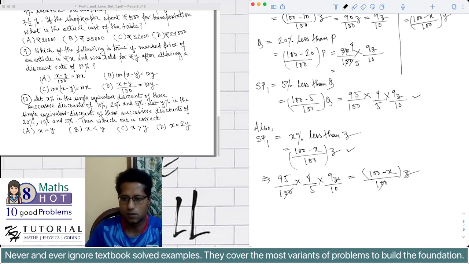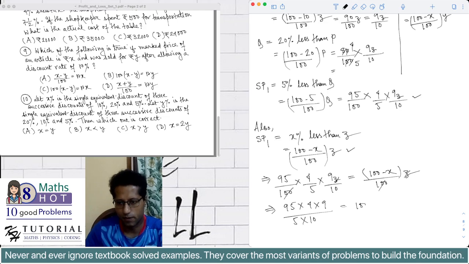So we have this. Okay. So this is 95 multiplied by 4 multiplied by 9 divided by 5 multiplied by 10 is equal to 100 minus X.